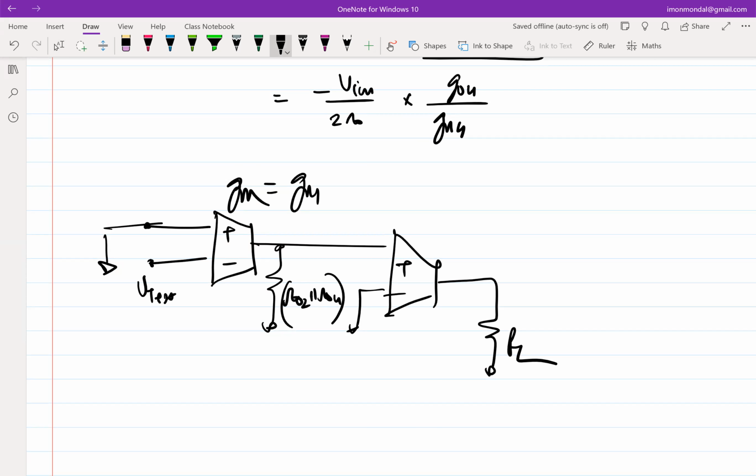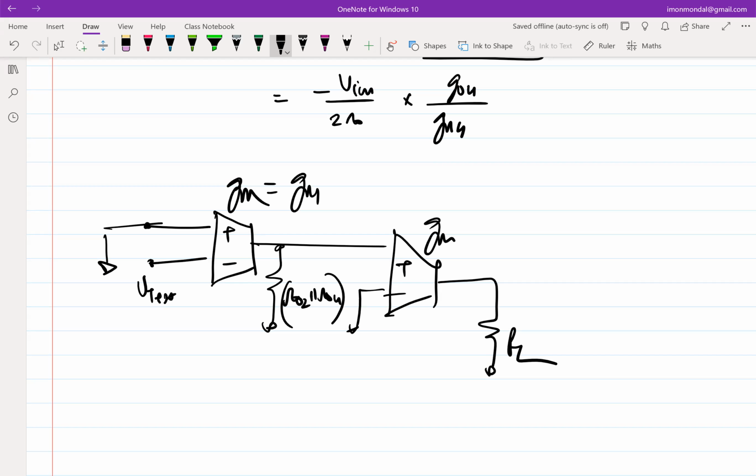Now, if RL is of the order of GM, I can use two of these differential amplifiers. The second one is probably giving me a gain of 1. The first one is giving me sufficient gain. The loop gain hasn't really degraded, right? So if one stage is not enough, you put two stages just to isolate the final load from GM. Make sense?